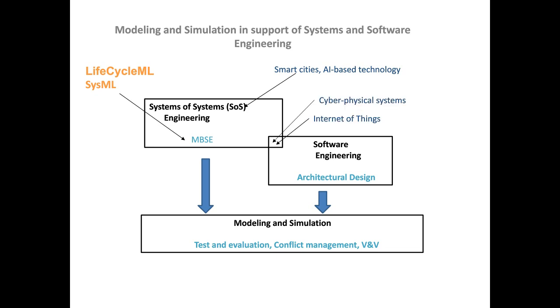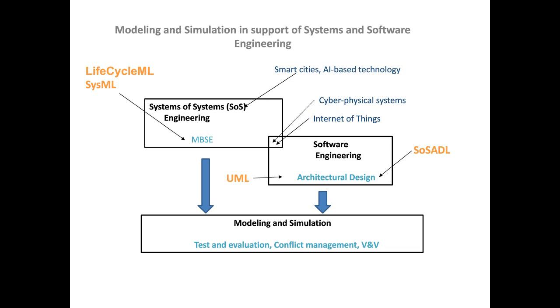Similarly, in software engineering and in the intersection, you could say, between software engineering and system of systems engineering, such as cyber physical systems and Internet of Things, the need for architectural design languages has come about.